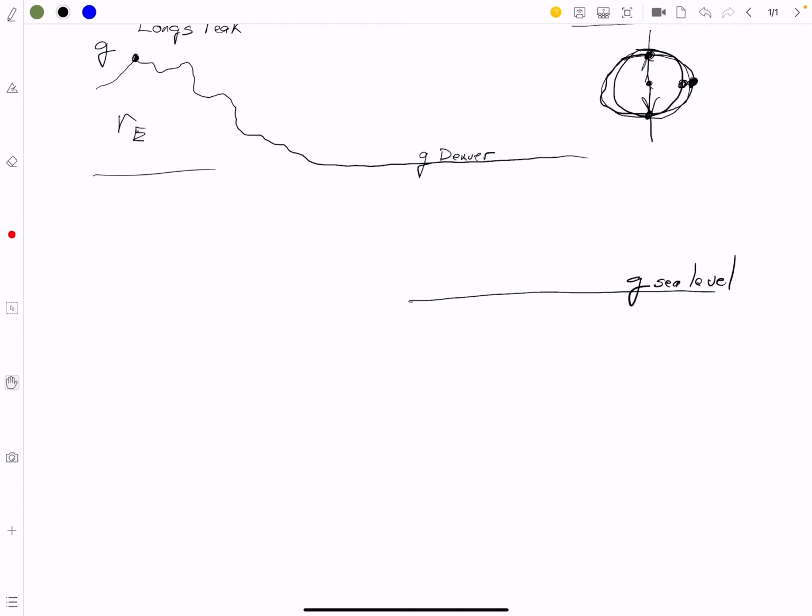So, okay. What about a little bit further away from the Earth? So here's the Earth. Looks like Linus's head. And we've got, say, a satellite that circles the Earth. And let's put it at geosynchronous orbit. Do you guys know what geosynchronous is? Geosynchronous means here's the Earth spinning.